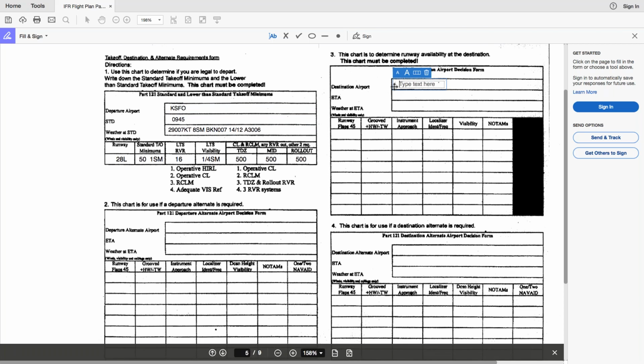Destination chart, or destination airport. Would it make sense to do this one first? No. It doesn't really matter. We dispatch airport to airport. This is more for pilot reference. As long as we know that we have a usable runway at takeoff, we don't really care dispatch-wise. This is just for performance.